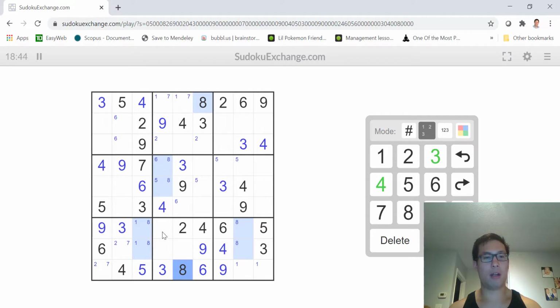Let's keep going. Let's look at this row. I'm missing a 1, a 7, yep, and an 8. So that tells me 1, 8 goes here. 1 I don't know. This can be a 7, 8 because 1s are taken up here.